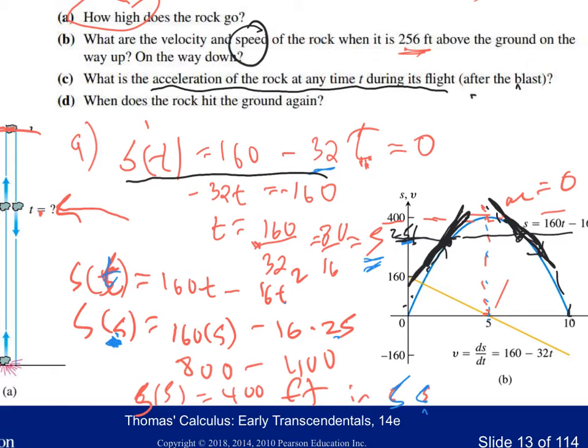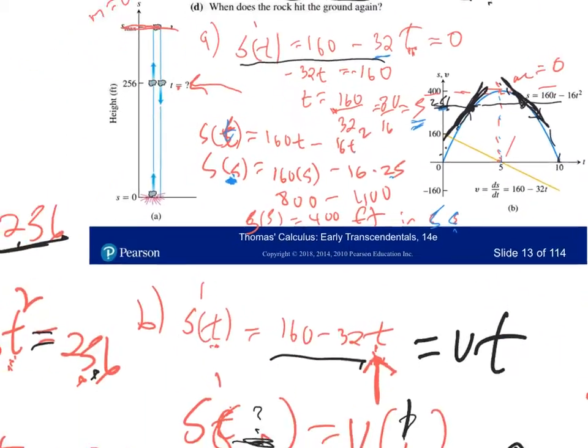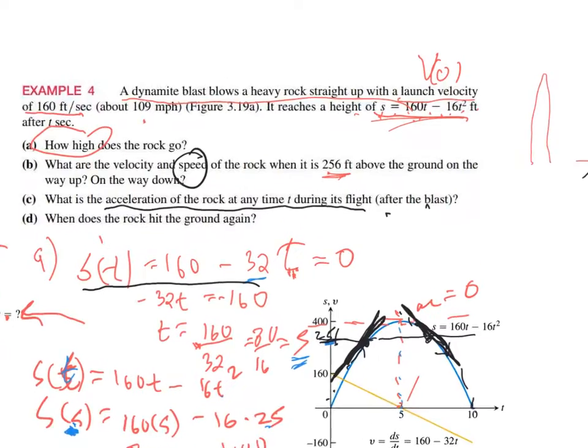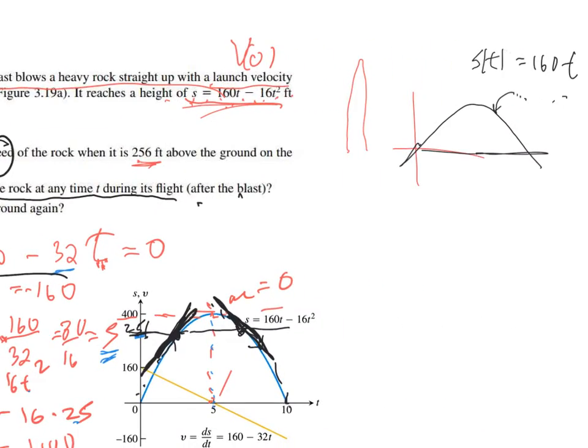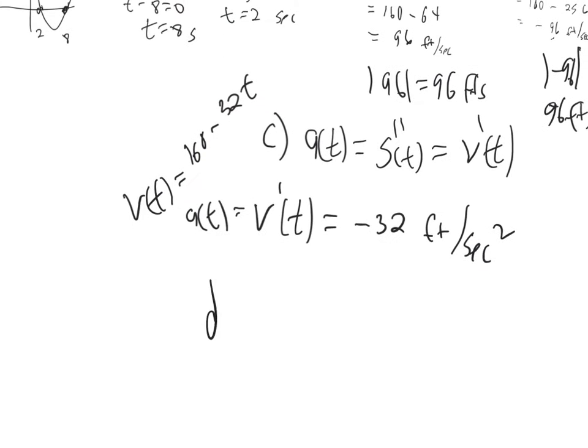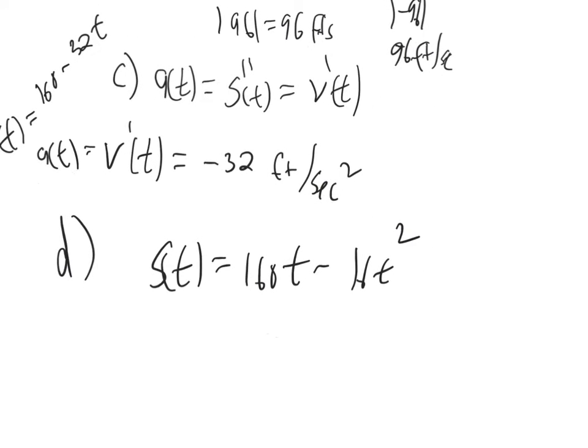Let me use the position function. Position was 160t minus 16t squared. Okay, here goes D. If I set the position equal to 0, that's when it has to be at ground level.